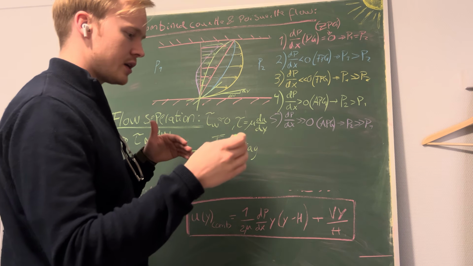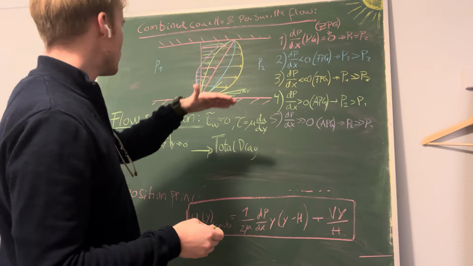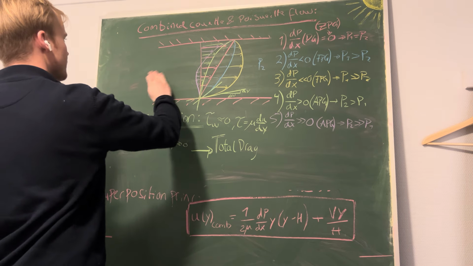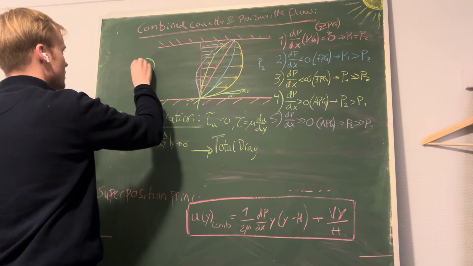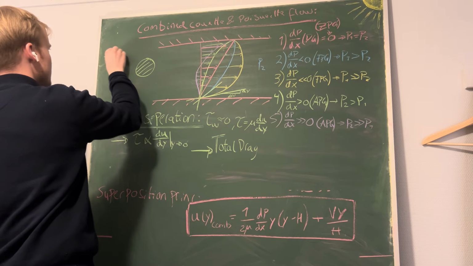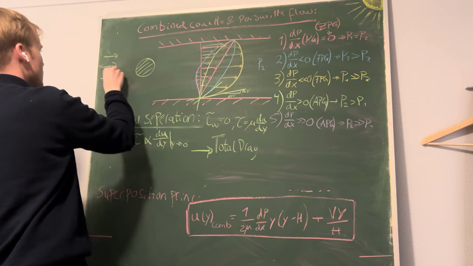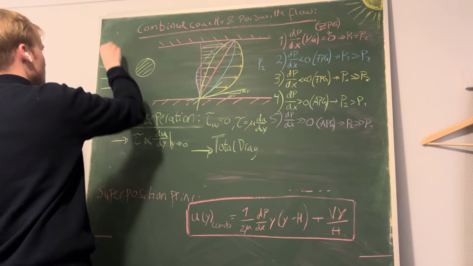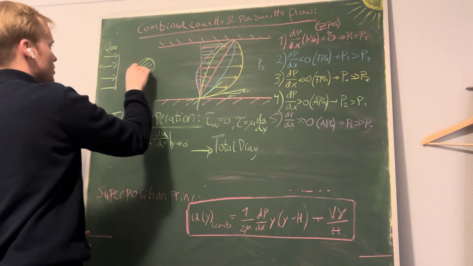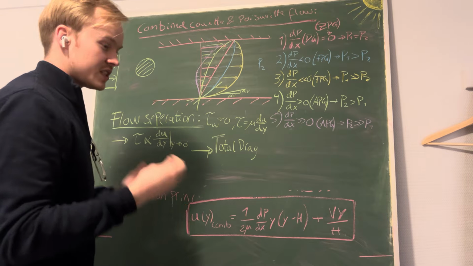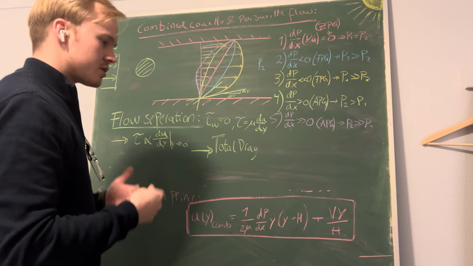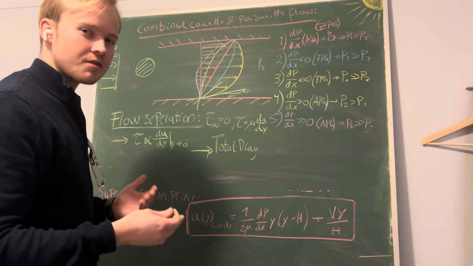Total drag is basically when we have a flow over, for example, a cylinder. So this is our cylinder, right? Here we have a uniform flow coming onto our cylinder. Now this is viscous flow, it's not inviscid, so there are going to be some viscous effects.